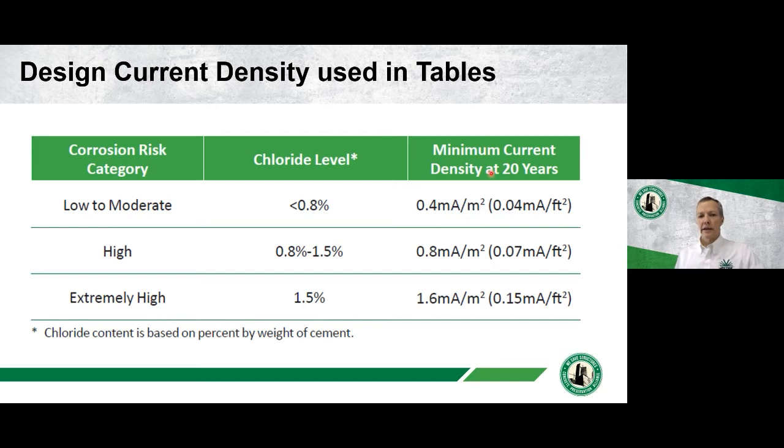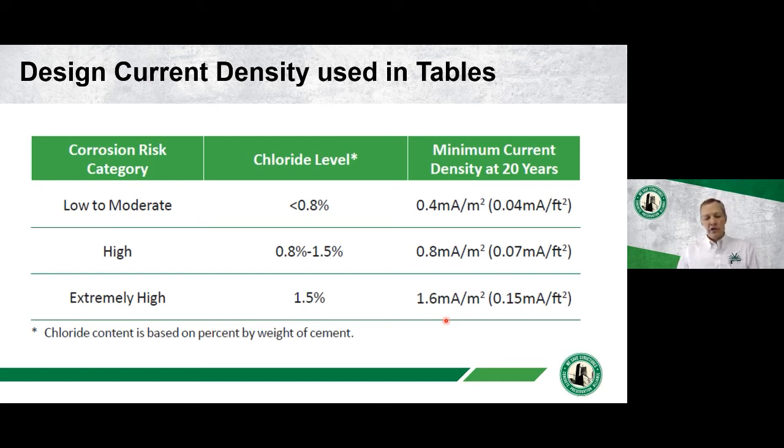And we're recommending that that current density is provided through the entire design life, which for the anodes in the simplified tables is assumed to be 20 years. And if we have a high corrosion risk area with higher chlorides, we're suggesting a current density of 0.8 milliamps per square meter. And if you've got extremely high corrosion risk or higher chlorides, 1.6 milliamps per square meter.